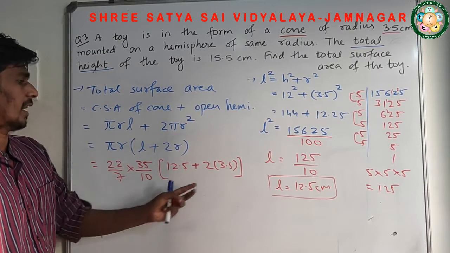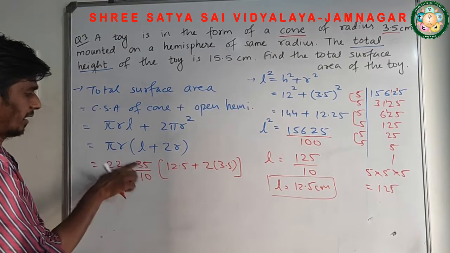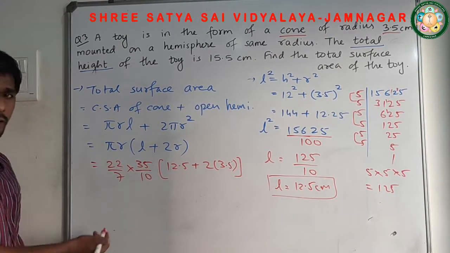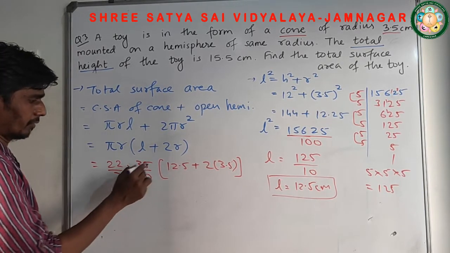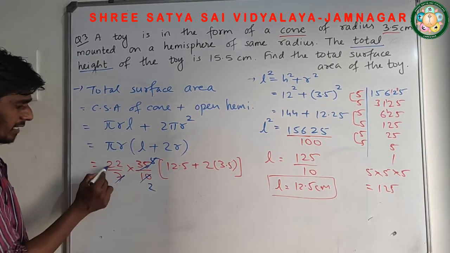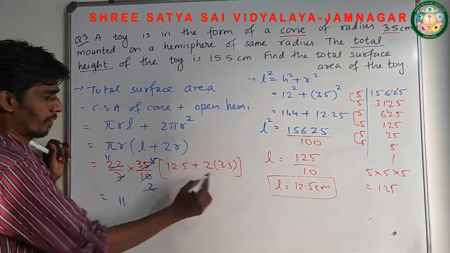I hope you understood. I just replace all the value. Slant height from here, radius from question. This radius 3.5, remove the decimal 10, pi value 22 by 7, as it's not given. Now we can reduce it. 7 5s are 35, 5 2s are 10. Now 2 will cancel this how many times? 11 times. So I got 11 here.